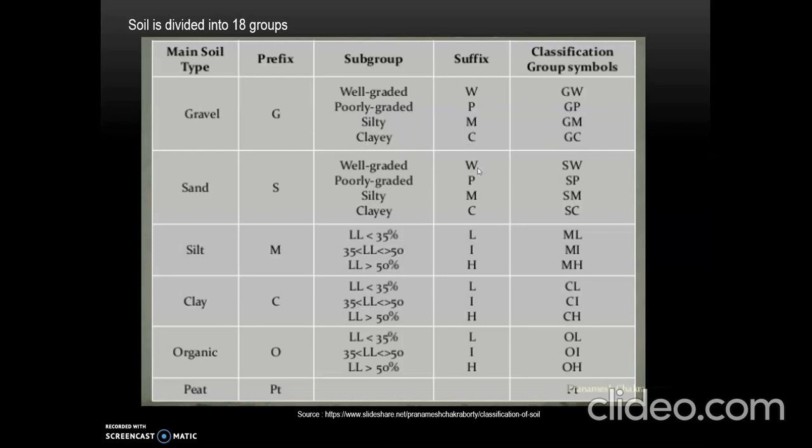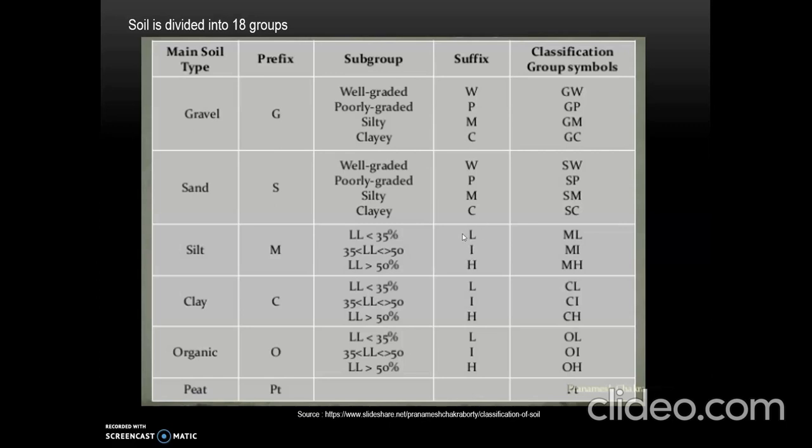Similarly, for sand, we can see the suffix used for subgroups: W for well graded, P for poorly graded, M for silty and C for clay. These suffixes are the same as those used in the previous classification system, that is the USCS classification system. But for fine grained soils, we can see that there is one more suffix which is being introduced, that is I.